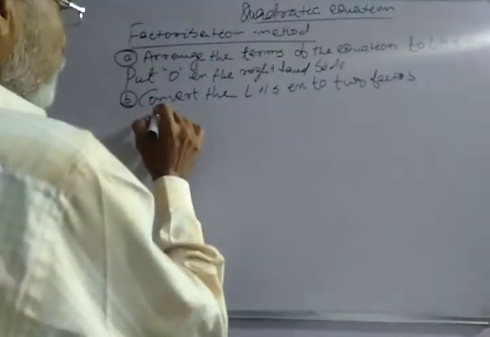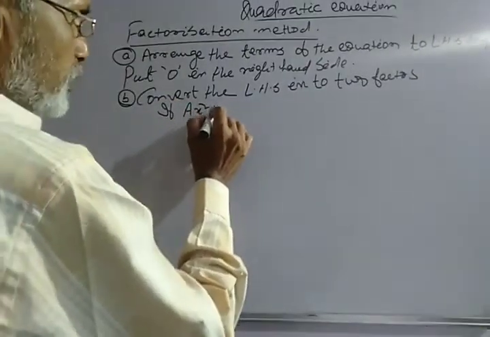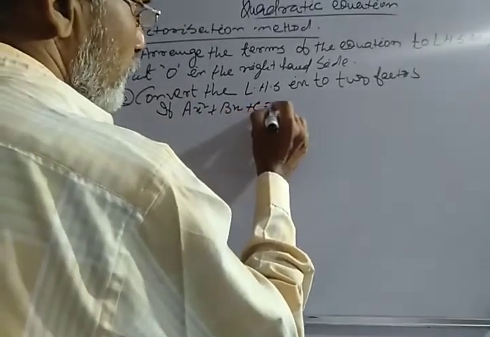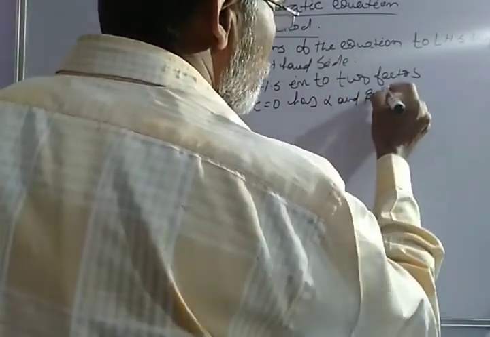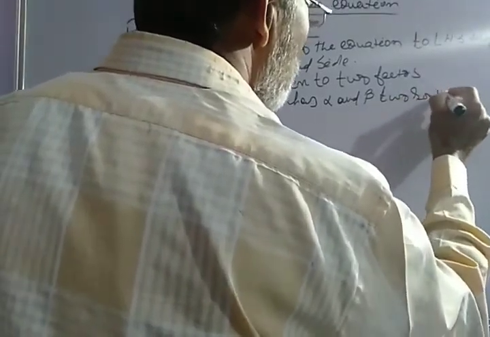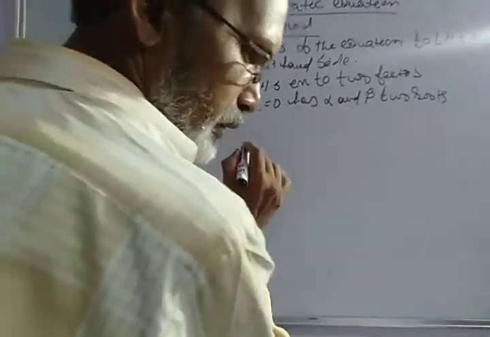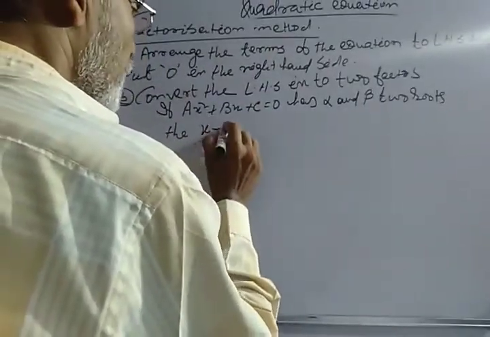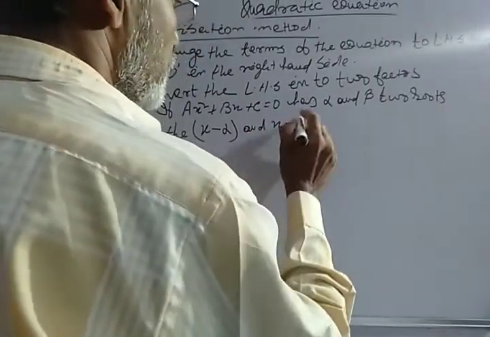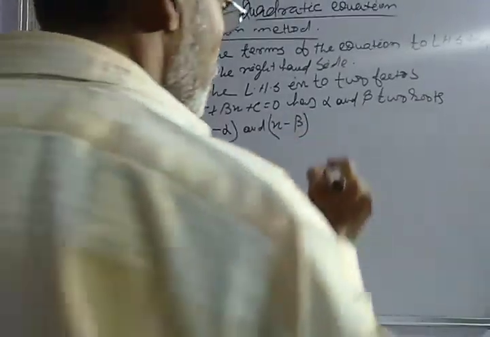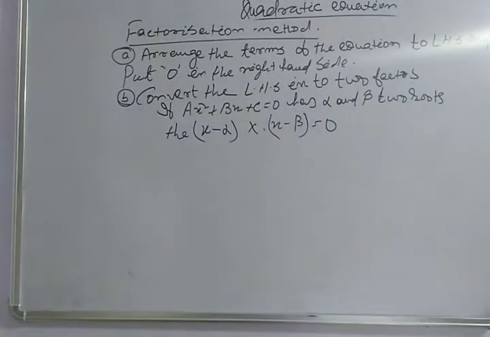That is, if ax square plus bx plus c is equal to 0 has two roots alpha and beta, then you convert this into x minus alpha into x minus beta is equal to 0.